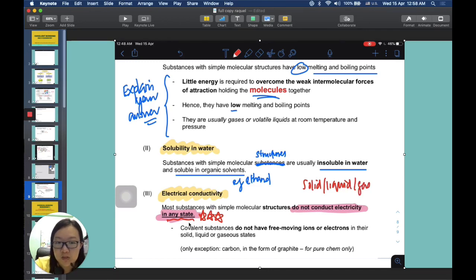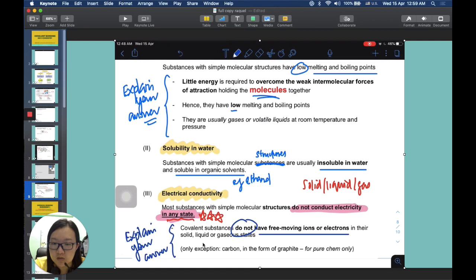Be it in the solid state, liquid state or gaseous state, there's no way covalent substances can conduct electricity. Why? This part will form your explanation: it's because covalent substances do not have free moving ions or electrons in all the states. Again, for pure chemistry students, there is an exception, which is carbon in the form of graphite, which I will not cover in this particular video.